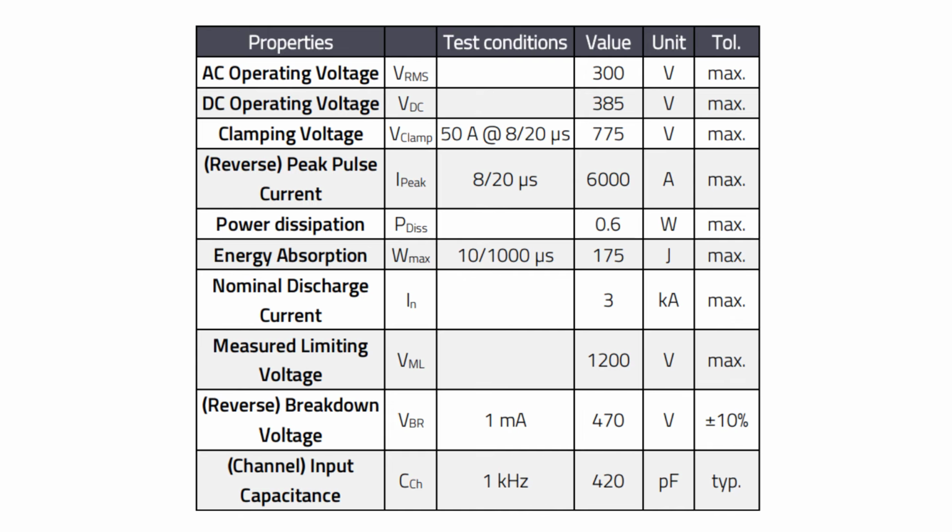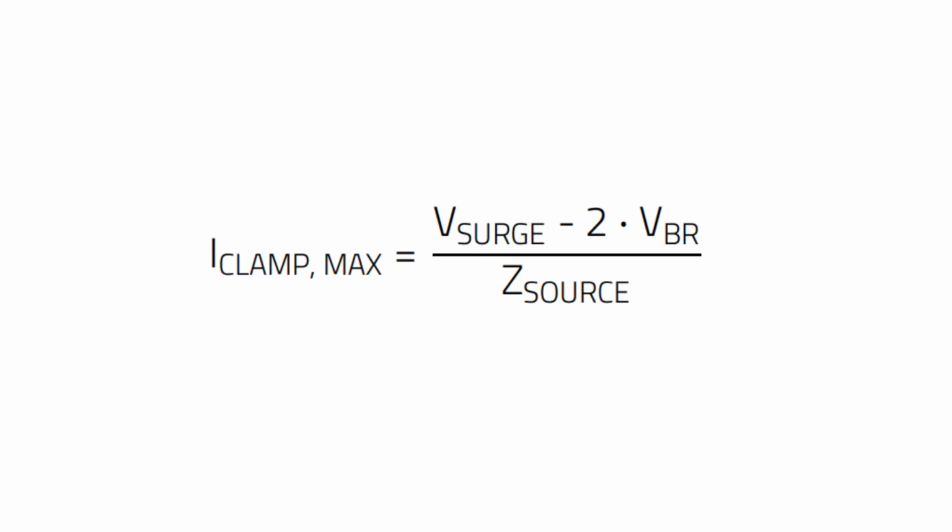The peak current, I peak, can be calculated by taking the test pulse for surge, measured in volts, minus 2 times the varistor voltage or breakdown voltage at 1 milliamp, measured in volts, divided by the source impedance according to our IEC EN 61000-4-5 standard. And by substituting our known values, the clamped peak current is about 530 amps.